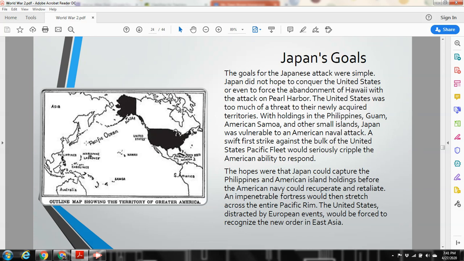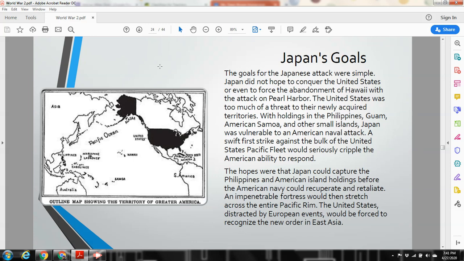So the United States had these territories over here, like the Philippines, or these smaller islands. They got all of these after different wars, so they gained those lands. So you had naval operations in these little islands littering the Pacific Ocean. So they wanted to take those out.